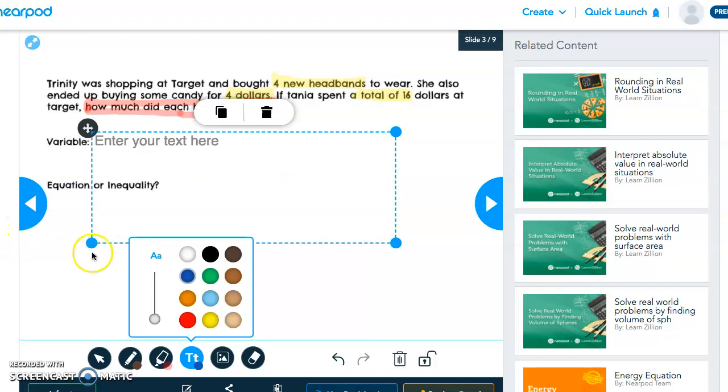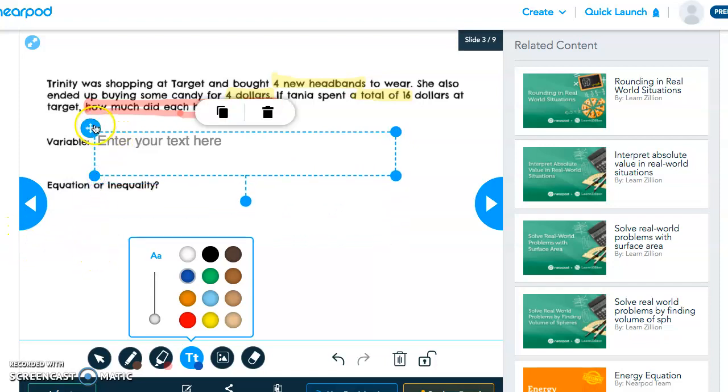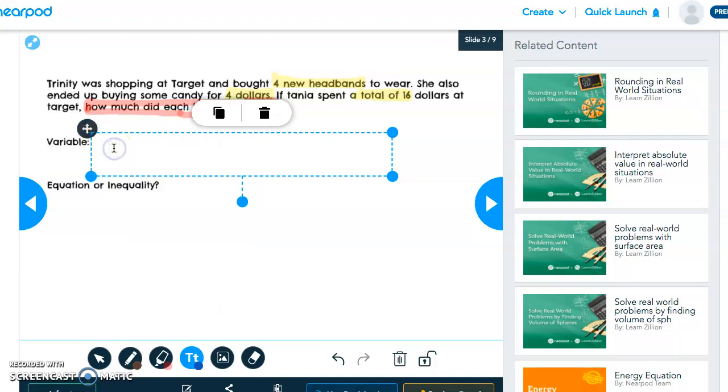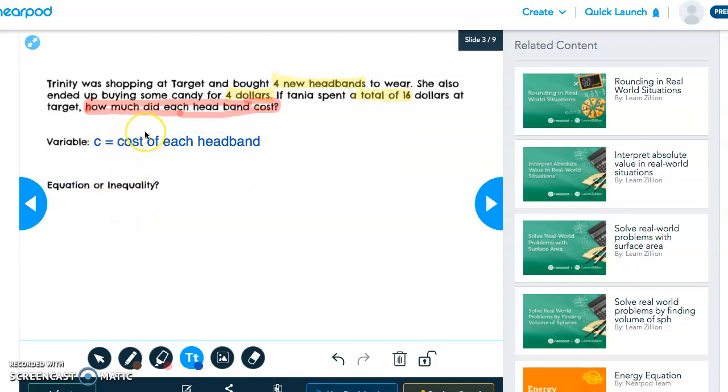In order to have a variable that represents what we're trying to find, I'm going to put H. H equals how much did each headband cost? Actually, let's do C. C equals the cost, because we're trying to find the cost of each headband. So the variable always represents what we're trying to find. I'm using a letter because I don't know the cost of each headband. I have to figure that out.